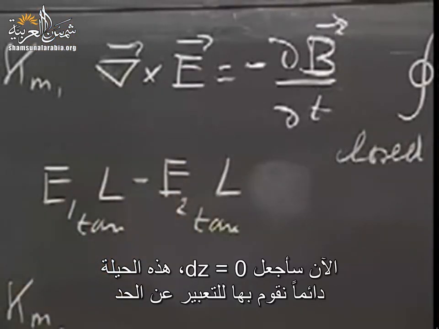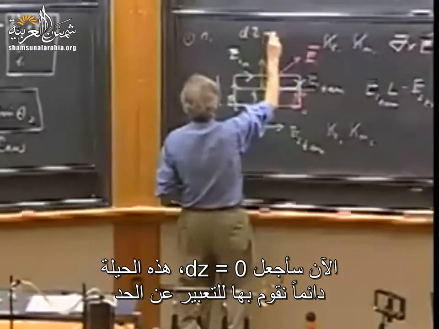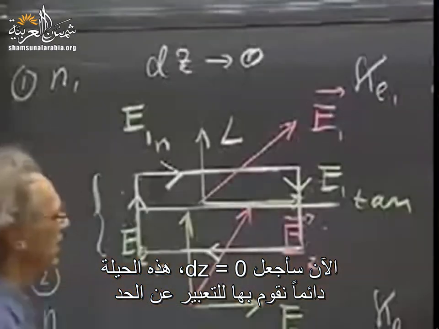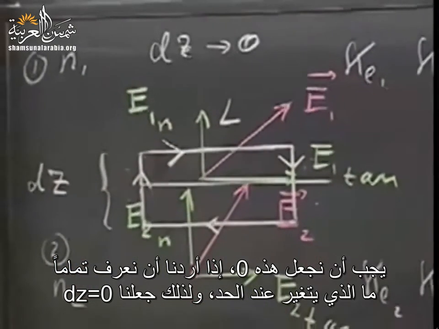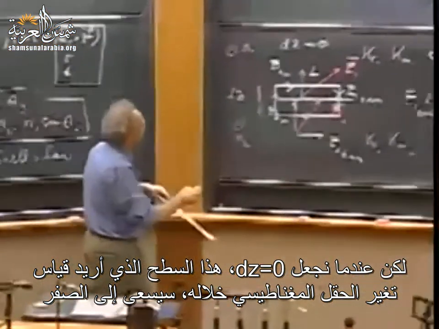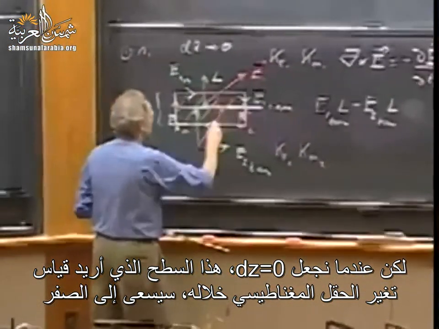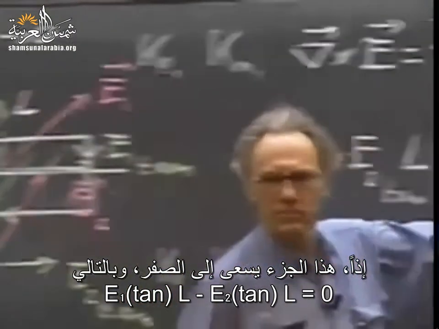But now I'm going to make dz 0. That is always the trick we do when we go to the boundary. We must make this 0 because we want to know exactly what changes at the boundary. So we make dz 0, but once you make dz 0, the surface here, that is the surface through which I want to measure my changing magnetic field, goes to 0. So this part goes to 0.